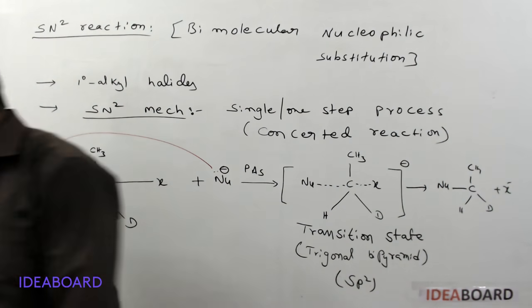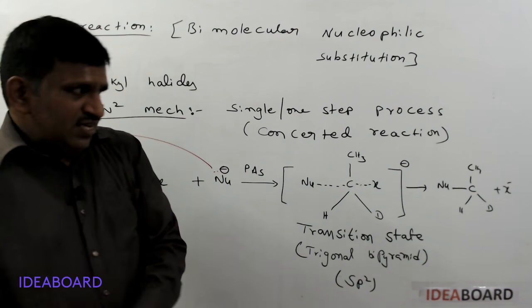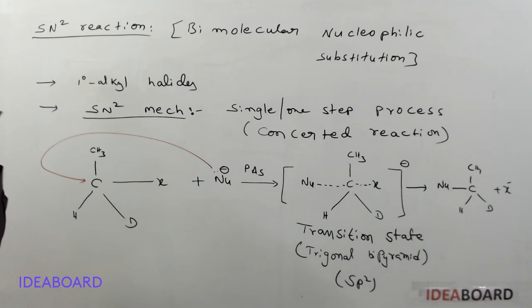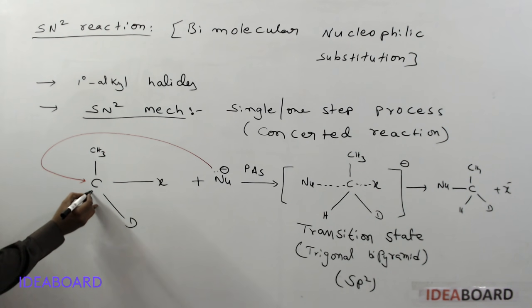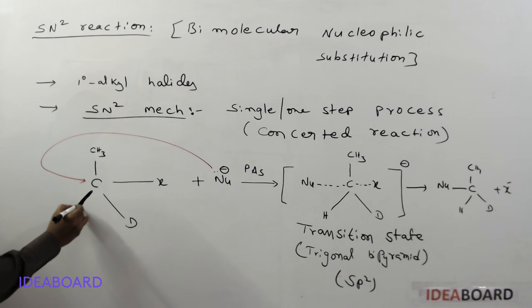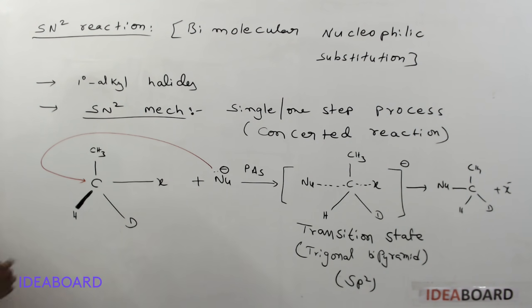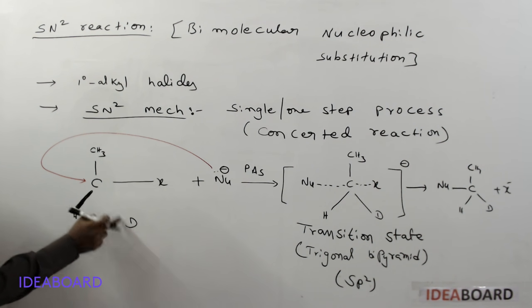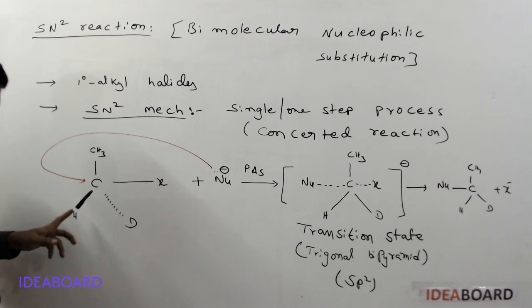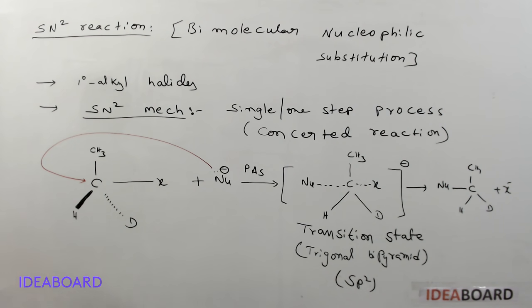And here, in this process, generally we can write this bond as a thick line. I am writing the wedge-dash method. So this is a wedge bond, a thick wedge form, and this is a dashed line. Suppose, for example, I am writing this as a dashed line, which means one is front side, one is back side.